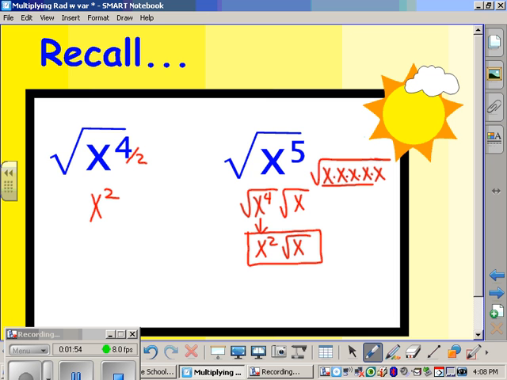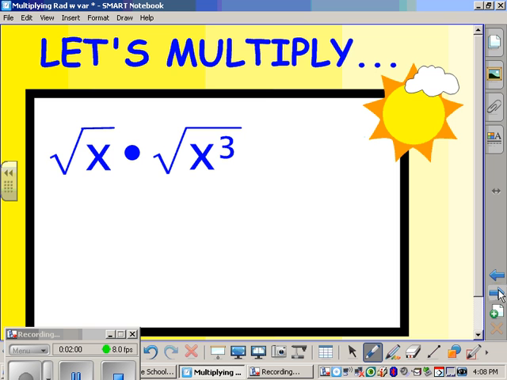Now let's see how we can use this to apply it to multiplying radicals with variables. Here we have radical x times radical x cubed. Now we can combine whatever is under the radicals. Now recall when you learned about multiplying variables from the properties of exponents that to multiply x times x cubed, you simply add the exponents.